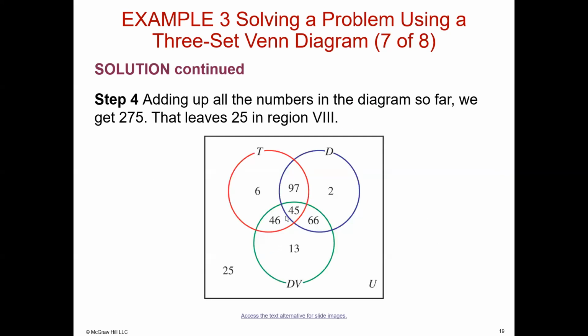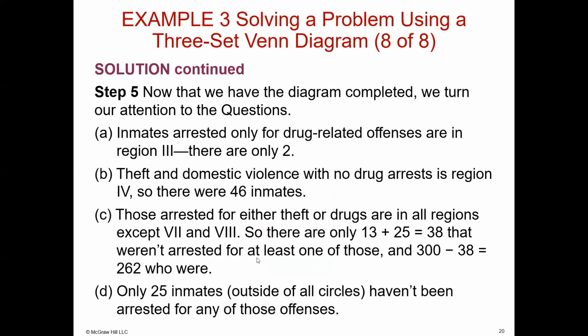Okay, theft or drugs, now that's "or" though, correct? Ladies and gentlemen, I'll let you in on a little secret. "Or" means we literally join. We join all those that are in the theft circle with all those that are in the drugs circle. You add them all up. That's what "or" means.